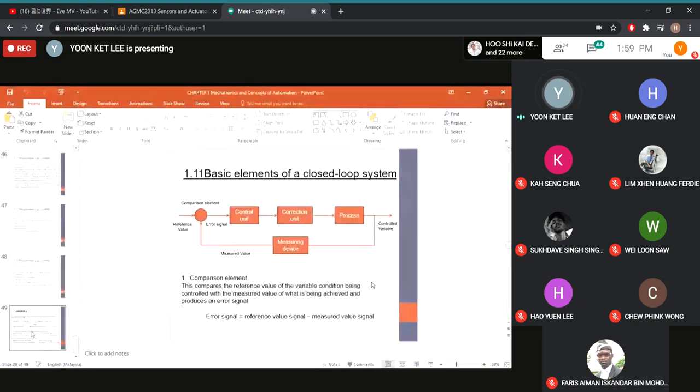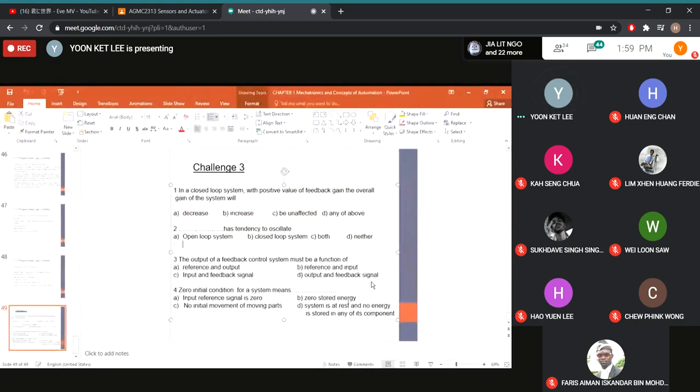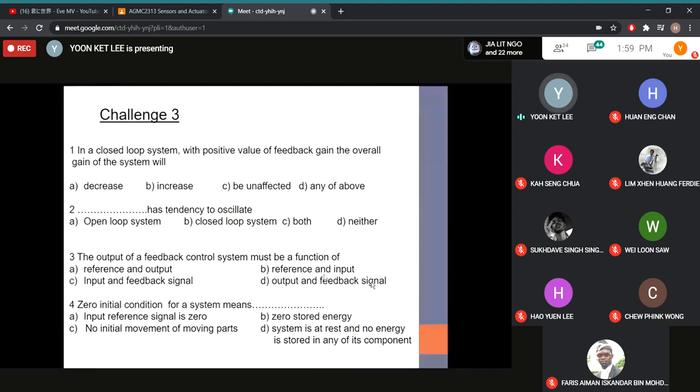This one is very tricky. They give you a lot of very similar things, so which one will be the best answer? Reference and input basically will be on the same side. Output and the feedback signal will also be on the same side. Reference will be better, A or C. A.